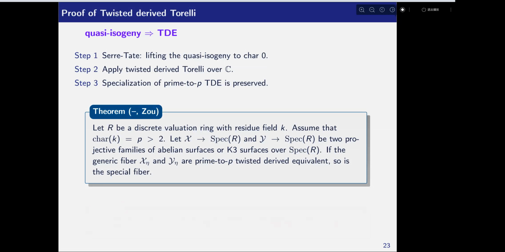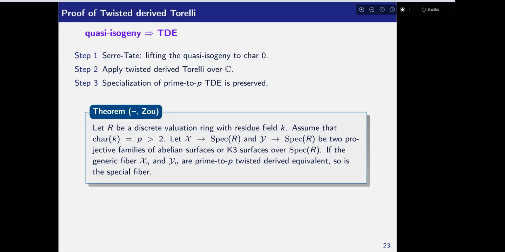I thought this would be well known, even for K3 and abelian surfaces. I asked people who work on derived categories like Macri or others, and they don't know such results. And for K3 and abelian surfaces, fortunately, we have moduli spaces.